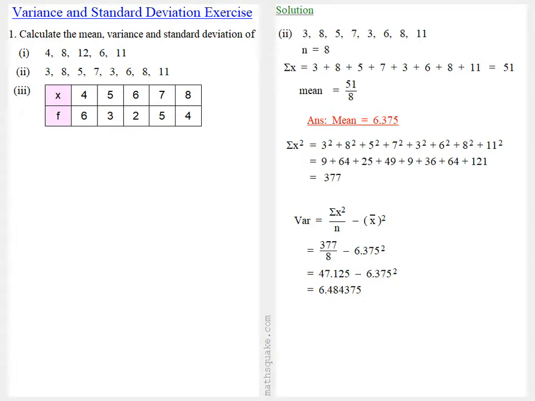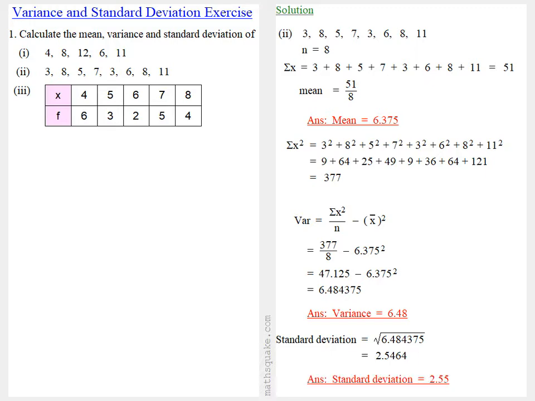So rounding it off to 2 decimal places, we have the variance is 6.48. And to find the standard deviation, we simply take the square root of the variance, which is equal to 2.5464, and so the standard deviation rounded off to 2 decimal places is 2.55.